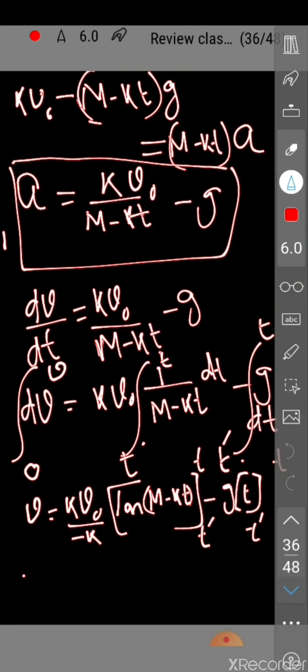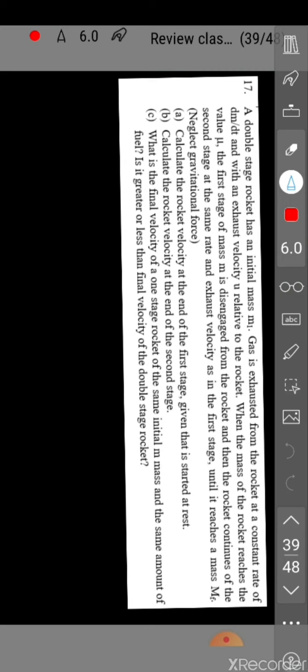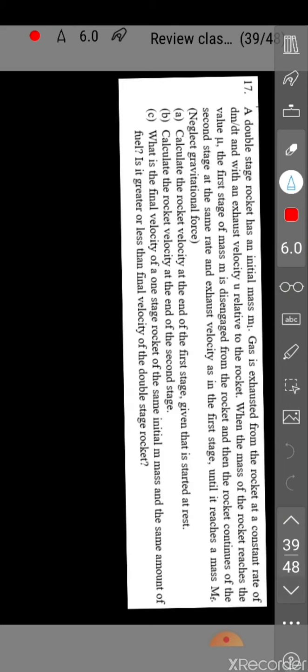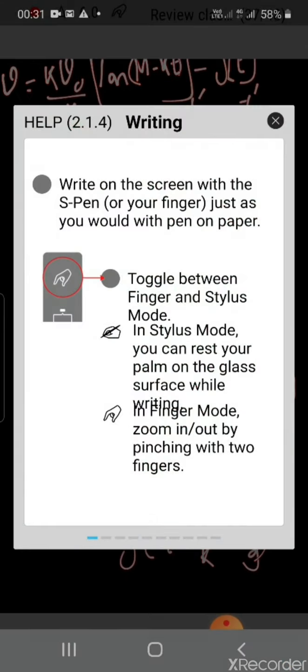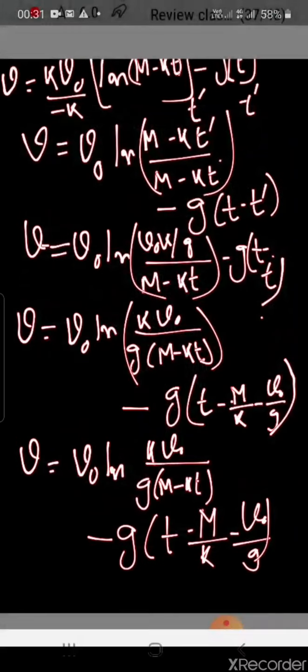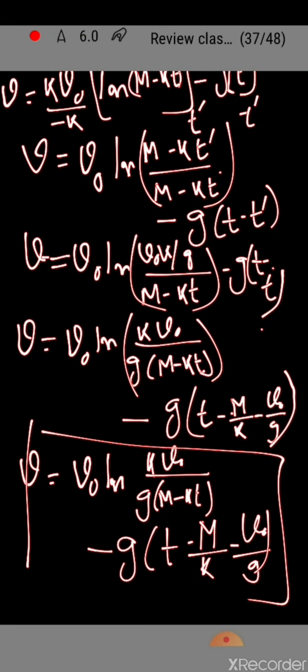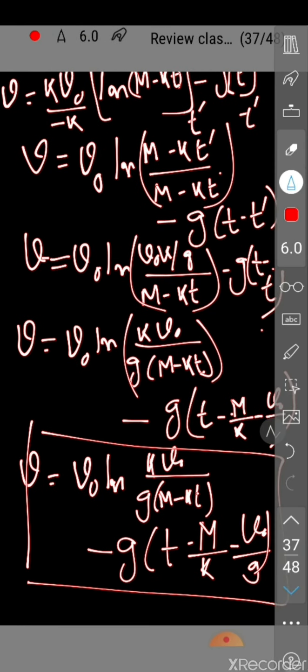The other one says velocity as a function of time is v naught ln of k v naught by g m minus kt, minus g t minus m by k minus v naught by g. We got the same thing. So the answers that we have calculated are absolutely correct. We got two answers, and this is also correct, this is also correct.